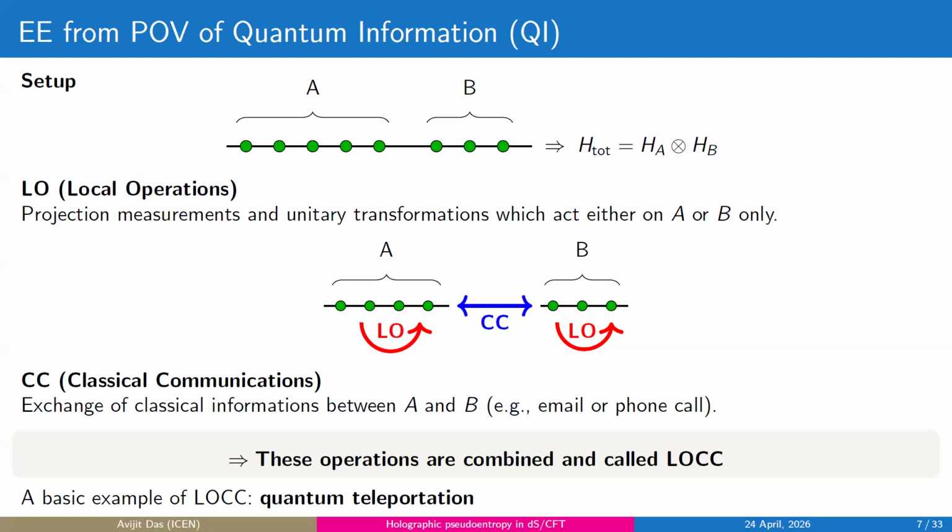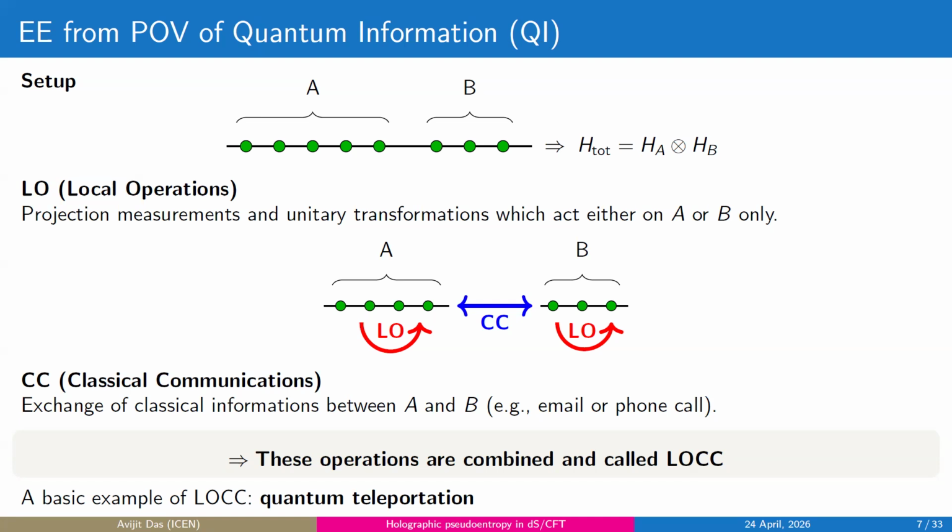And then the other part is classical communication. For classical communication, let's say I have separated A and B far away. Let's say A is on Earth and B is on the Moon. Then you want to communicate between these two using classical information, let's say by emailing or by phone call.